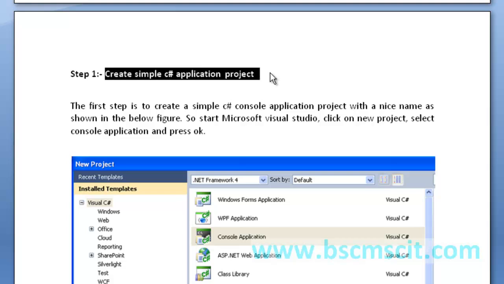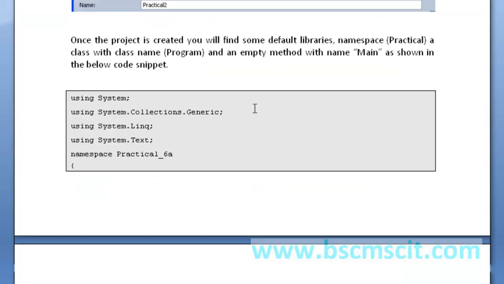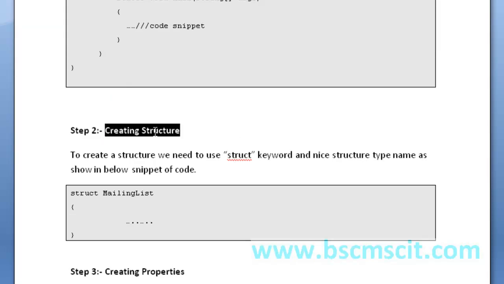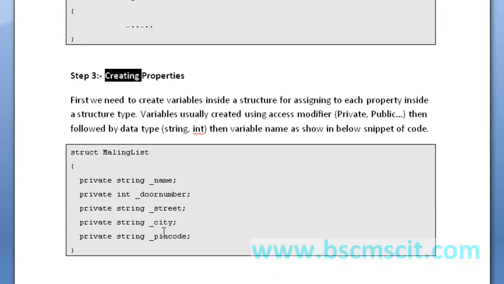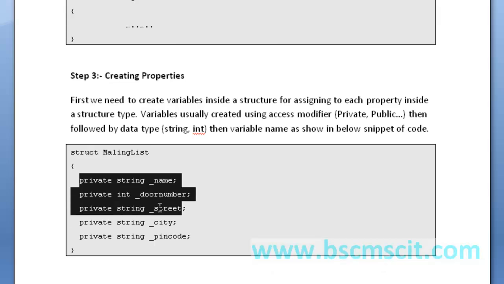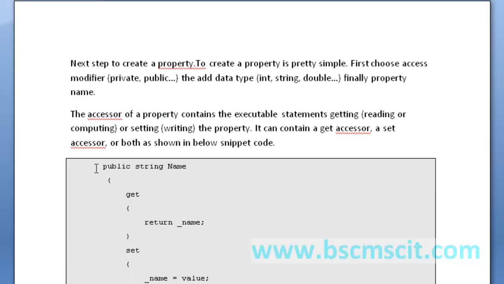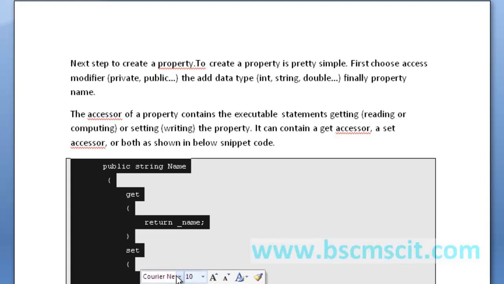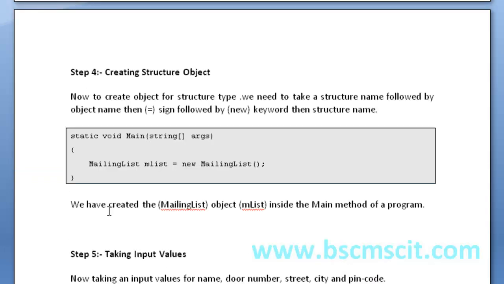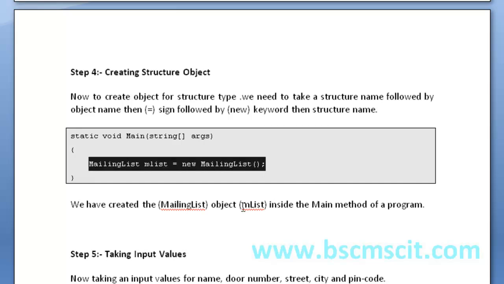Step number 1, creating a simple C# console application project, and creating the structure, with the syntax of the structure and the structure name. Then creating the properties. First I create the private variables as shown, then I have shown a sample of creating a property, that is name. Step number 4 is to create the structure object in our main program, inside static void main, to run the application.